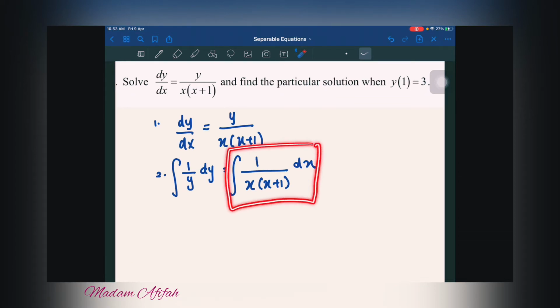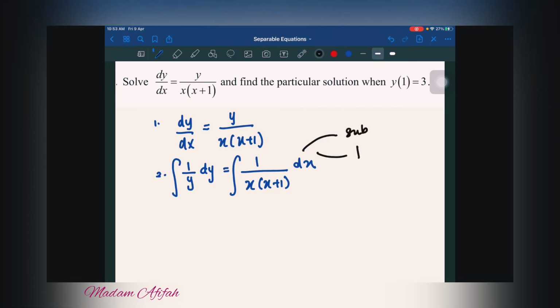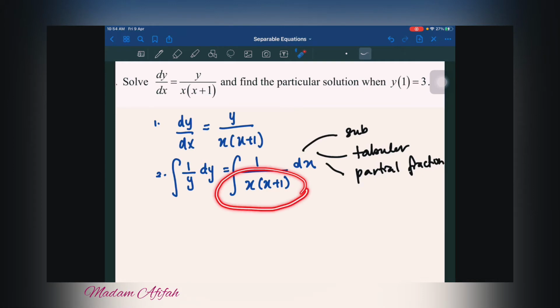You cannot integrate this function directly. You must use a technique of integration: either substitution, the tabular method, or partial fractions. In this case, partial fractions will be used, because you have a polynomial involved here.